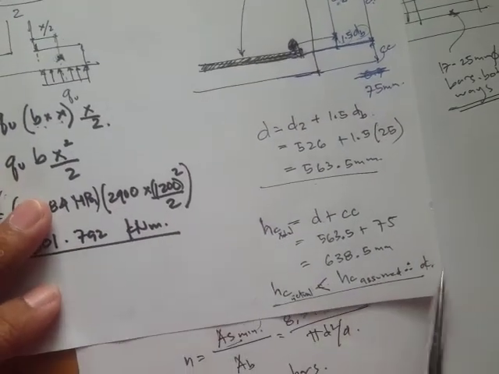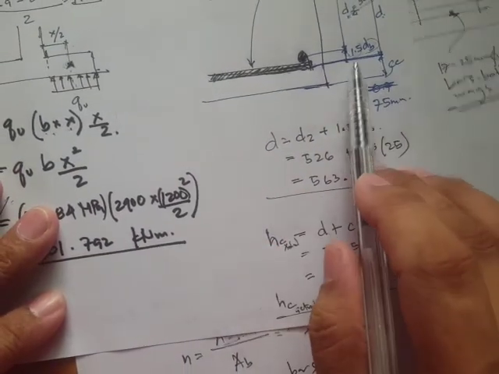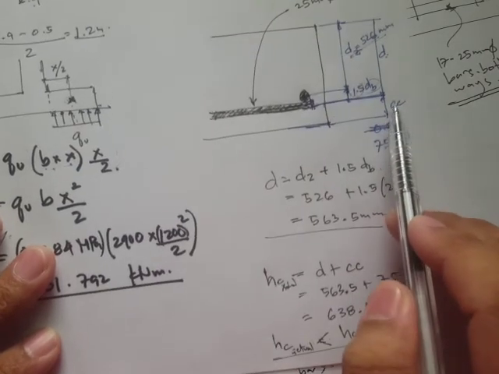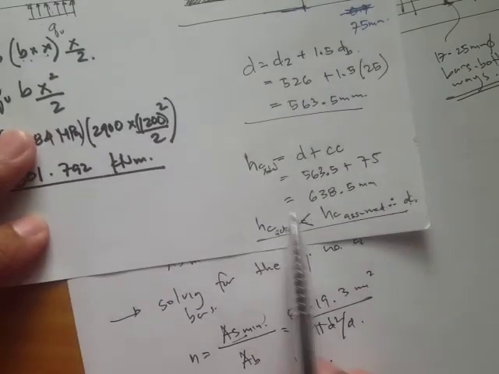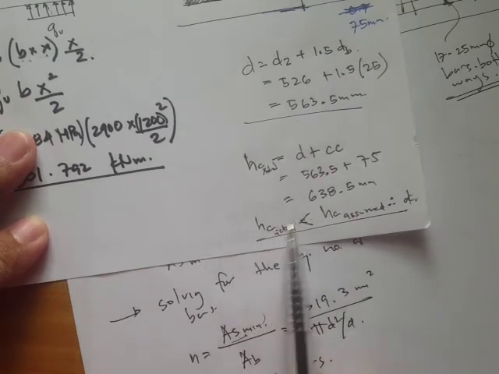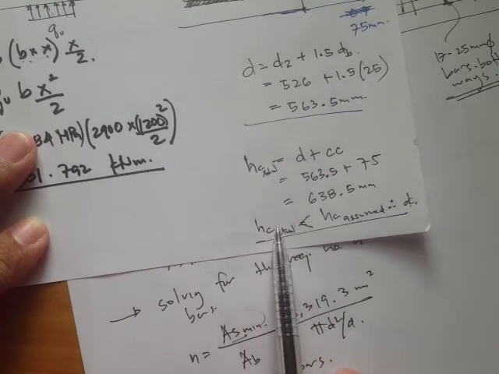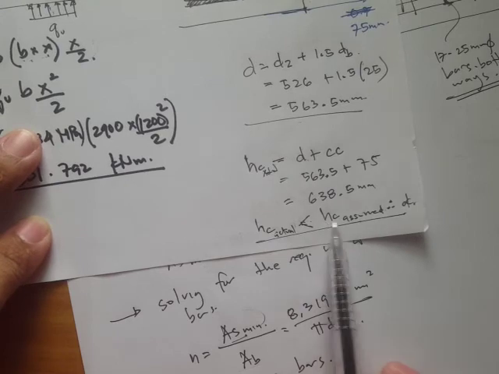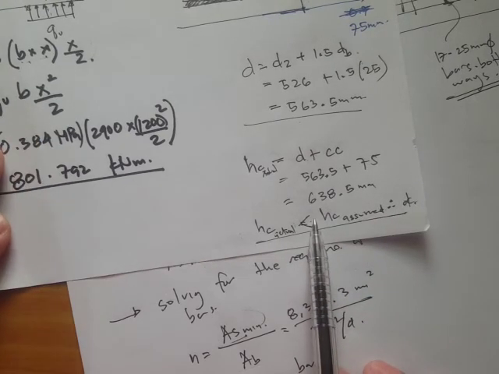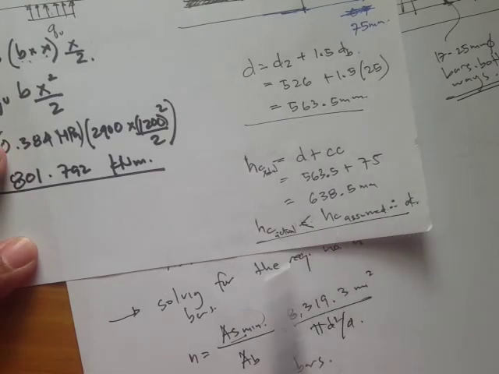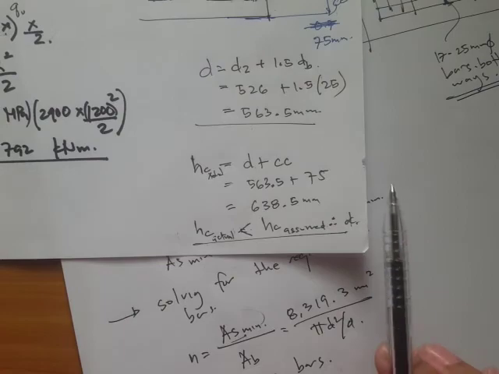So if we solve all the way here, including the concrete cover, then we have to check if our actual thickness of footing is greater than the assumed. Because if it's greater, then we have to redo our calculations. If not, then we can just leave it as it is.